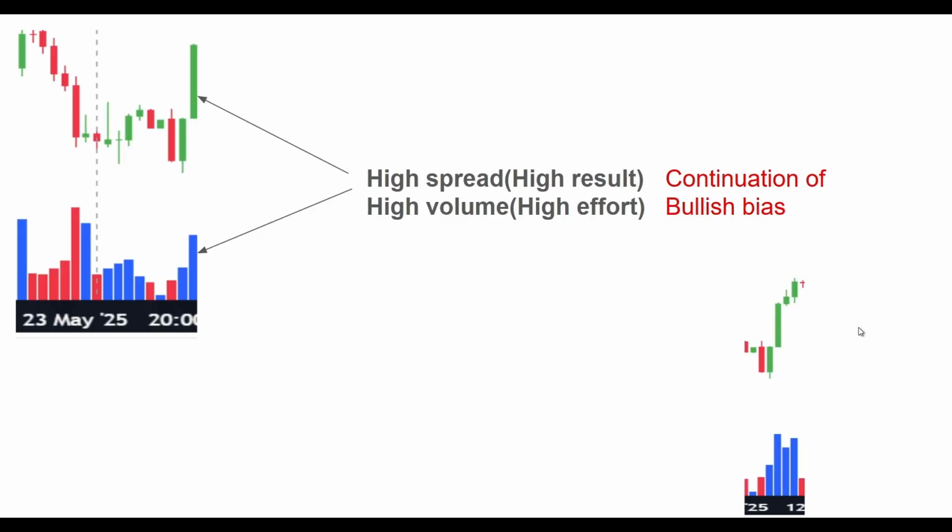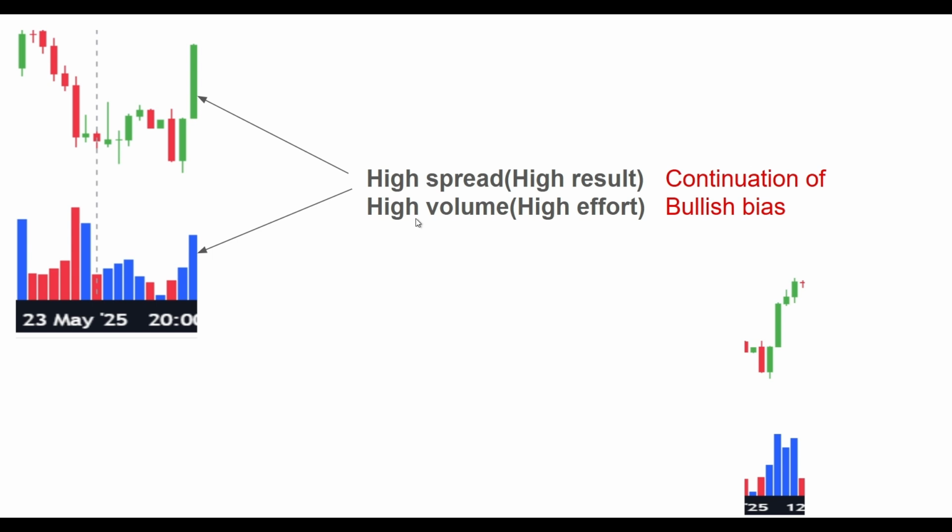This is what we have learned in this video. We have talked about when we have a high spread and a high volume, this is a continuation of a bullish bias.